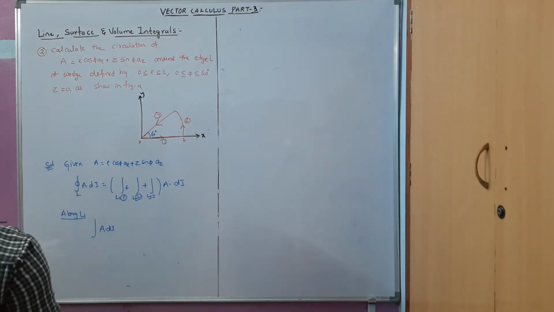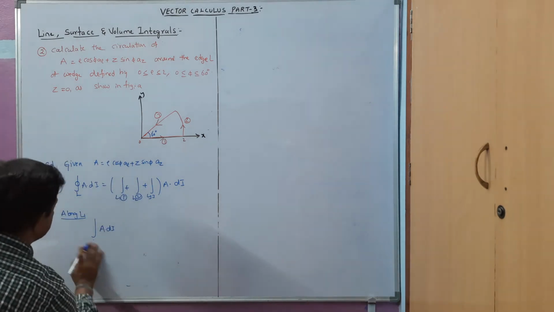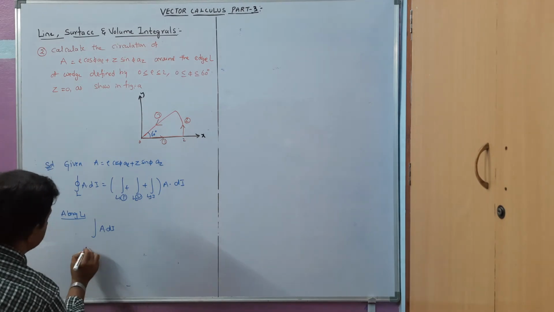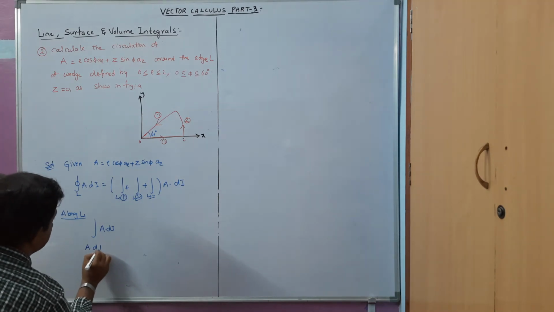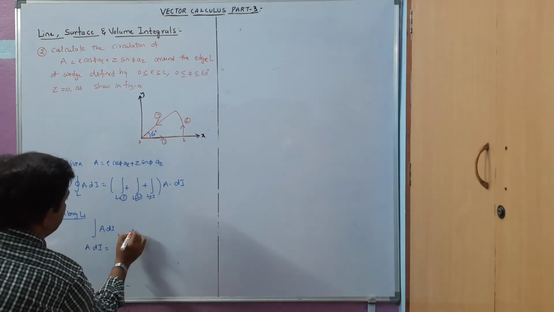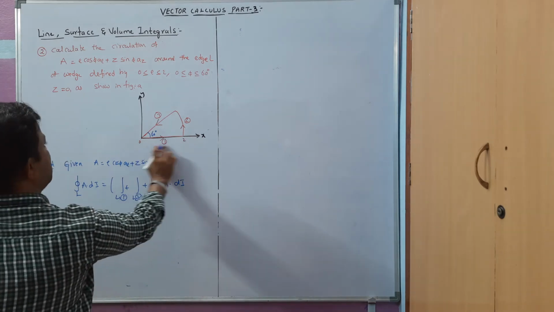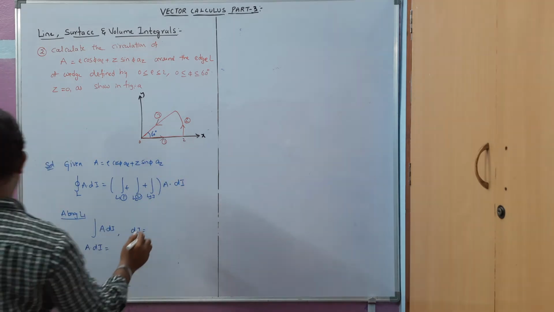So here A has been given, first we will take the dot product here, A dot dl. A means here rho cos phi A rho plus z sin phi Az, and first we have to find dl also. Dl means what here, this is along the rho axis, so this will be d rho A rho.